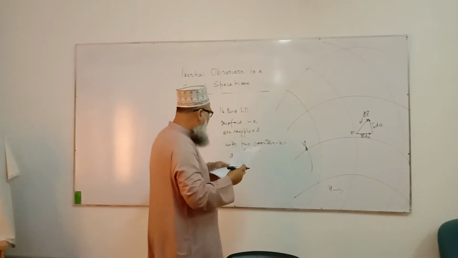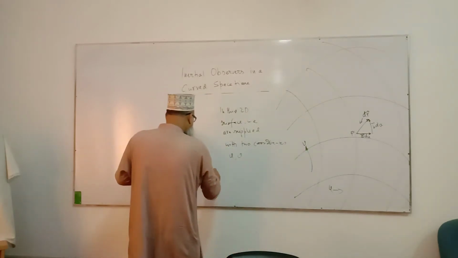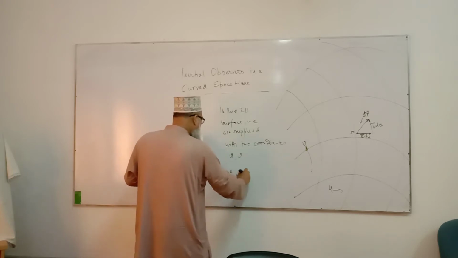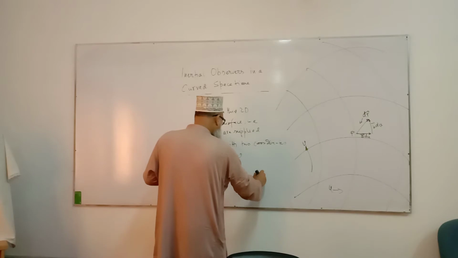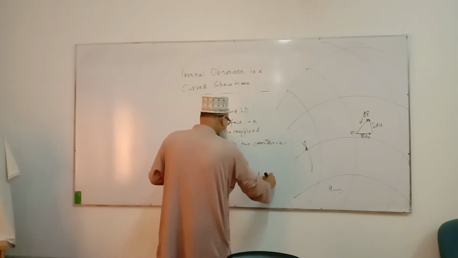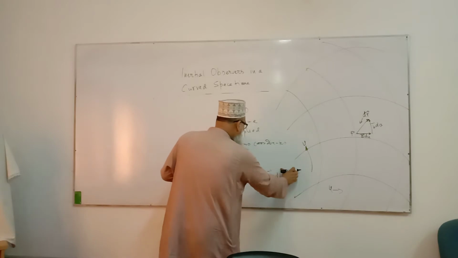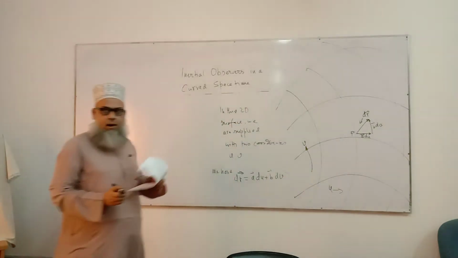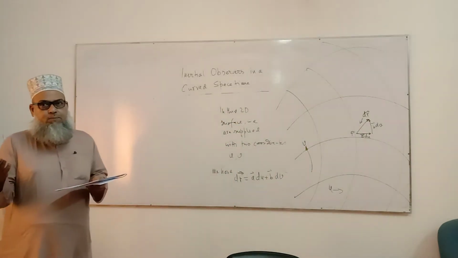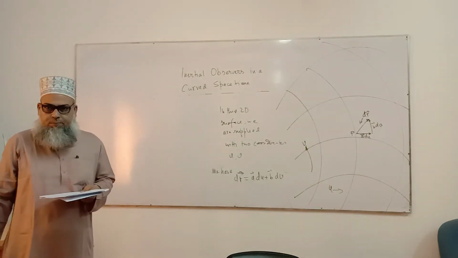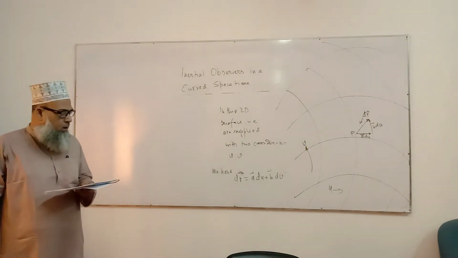So, what will be dr? We have dr equals a du plus b dv. Just as the parallelogram theorem of Pythagoras, but applied in curved spacetime. Okay.